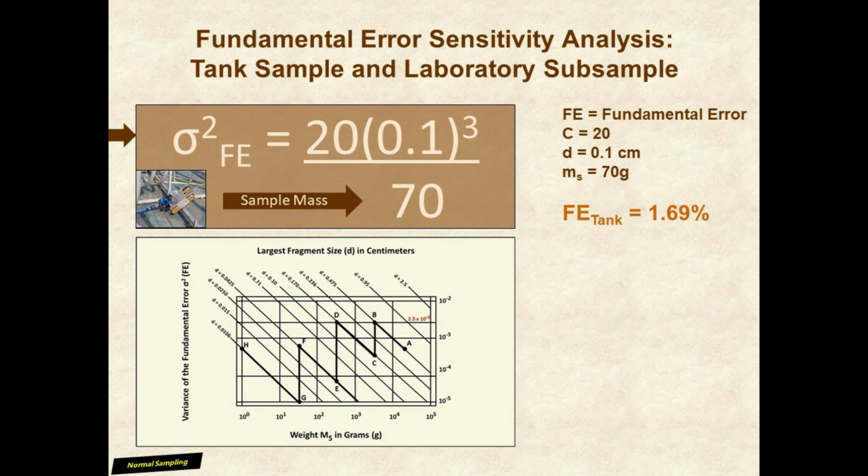On the right side, we put the sampling constant of 20 in the numerator, along with the largest particle size of 0.1 centimeter, or equivalently 1 millimeter, placing the 70-gram sample mass in the denominator. Solving the equation results in a fundamental error of 1.69% for a 70-gram tank sample, which confirms the 1.7% result we saw in the previous slide.